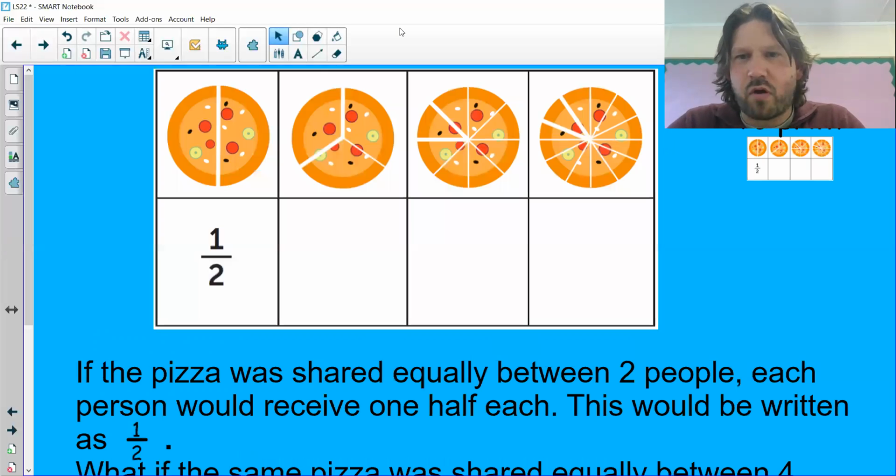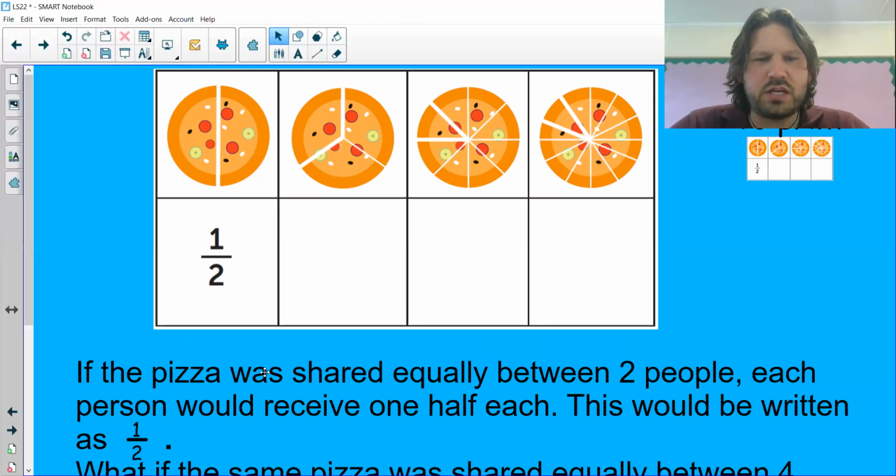Okay, so today we've got the sheet, and I will put this sheet onto the Google Drive, so I'll save that on there in a minute, so that you've got it. So if the pizza was shared equally between 2 people, each person would receive 1/2. This would be written as 1/2.